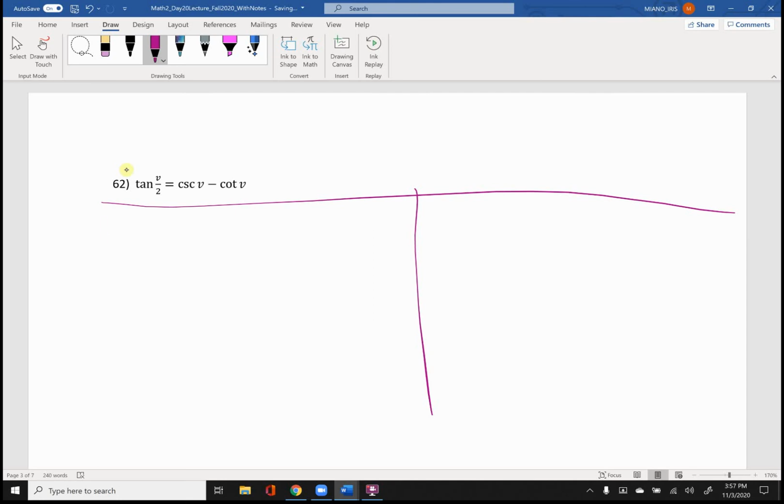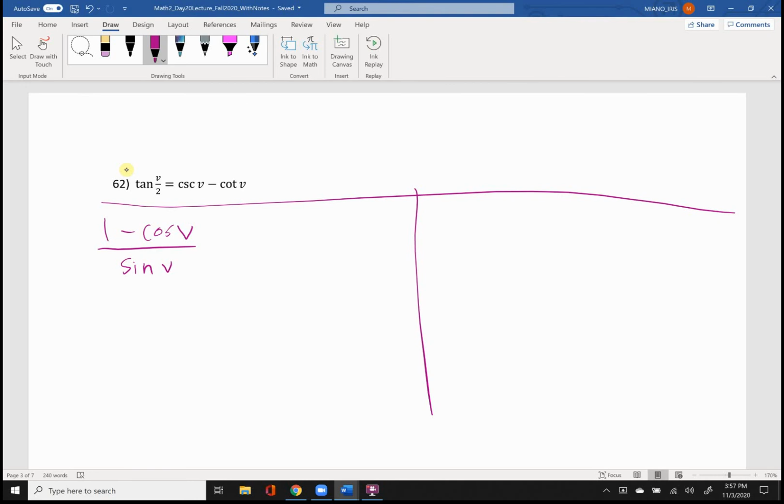I'm going to choose to use this 1 minus cosine v over sine v, because it's going to lend itself. I know there's a couple of options for the half angle of tangent, but this one lends itself better to ending up looking like this over here. Okay, so then I'm going to do what I like to call splitting the numerator after I use this version of the half angle formula for tangent.